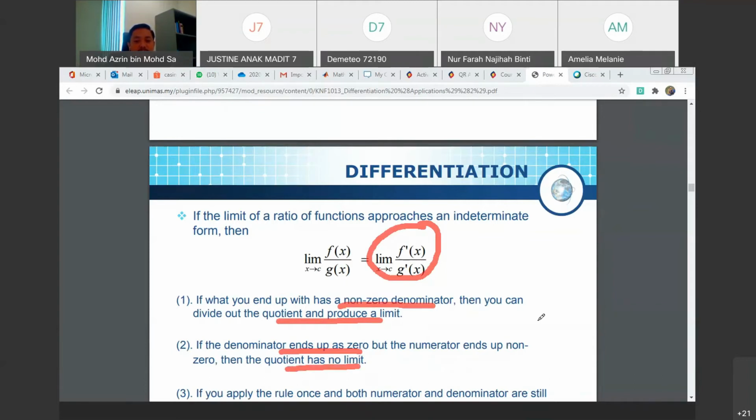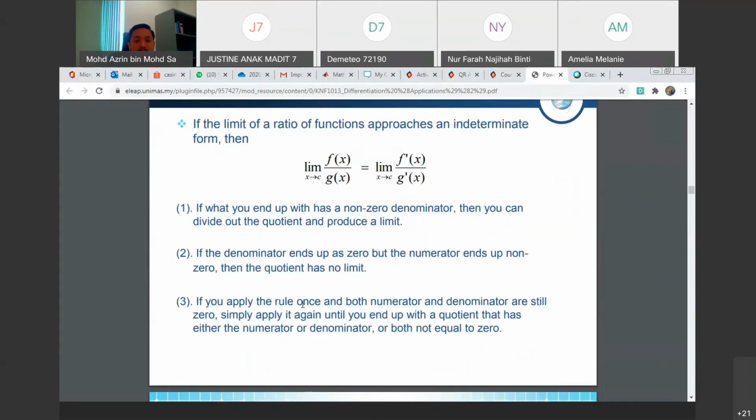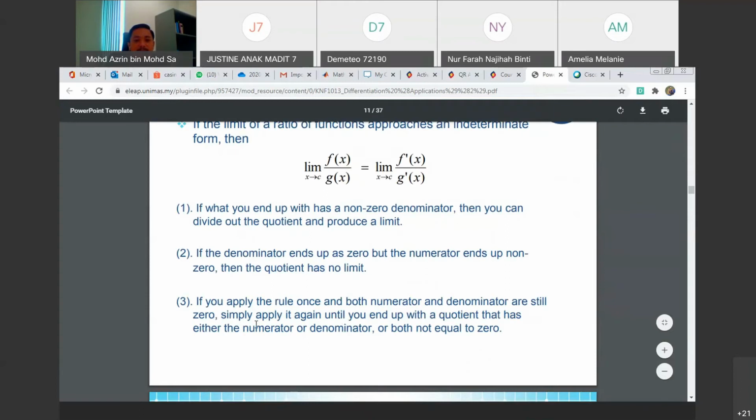Contoh 1 over kosong. If you apply the rules once and both numerator and denominator are still 0, okay, simply apply it again until you end up with a quotient that has either the numerator or denominator not equal to 0.